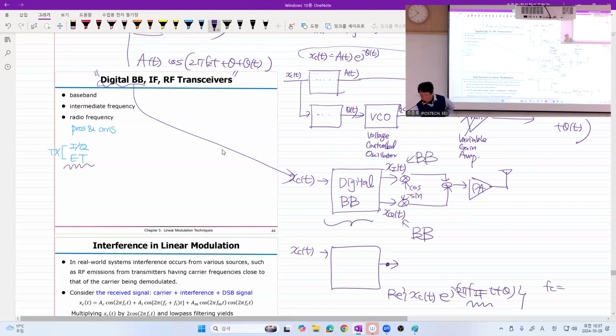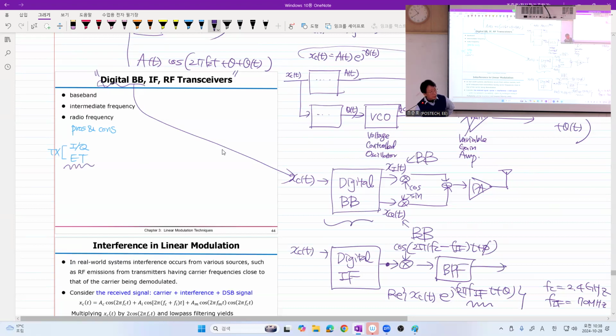For example, f_c equals 2.4 gigahertz, but your f_IF is just 70 megahertz, something like this. Actually, this is the exact number I used with my graduate student to build our proof of concept system. And here goes cosine 2 pi (f_c minus f_IF)t plus phi. And probably we have a bandpass filter to filter out the lower side part, right? And then we transmit this.